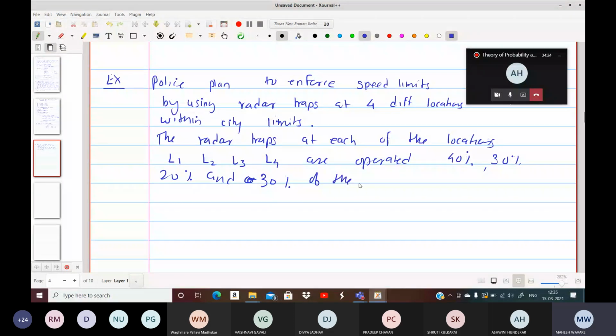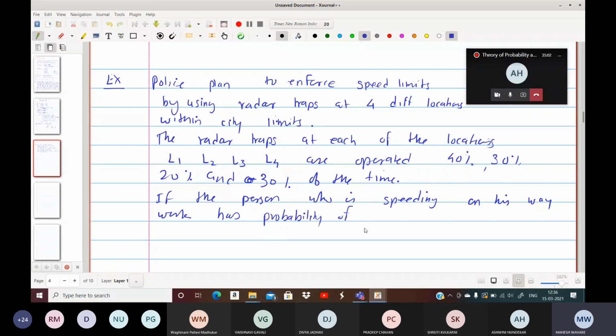Next part. If the person who is speeding on his way to work has probabilities of 0.2, 0.1, 0.5 and 0.2 respectively of passing through these locations.